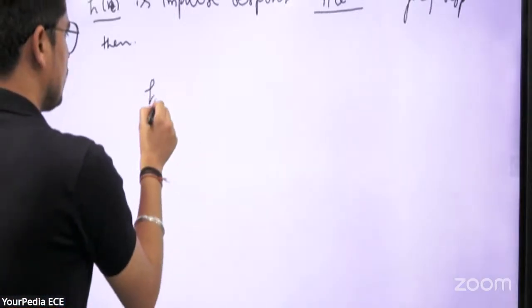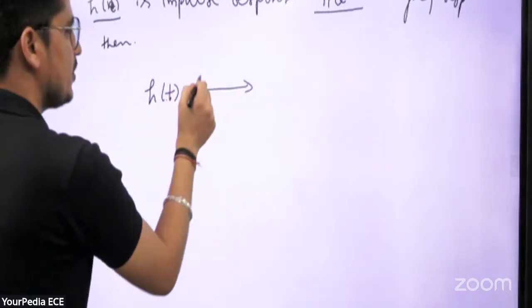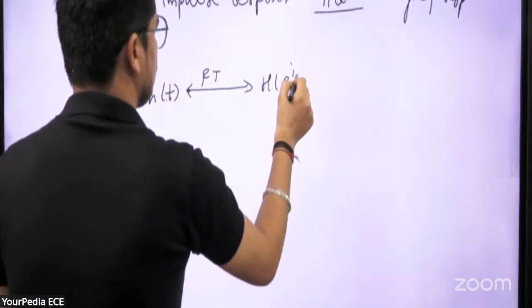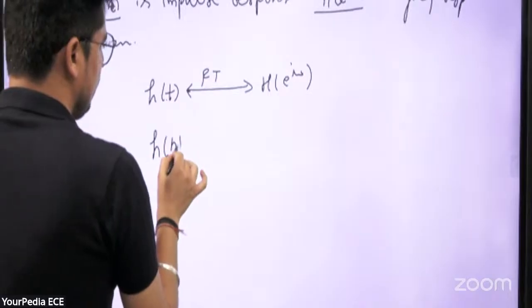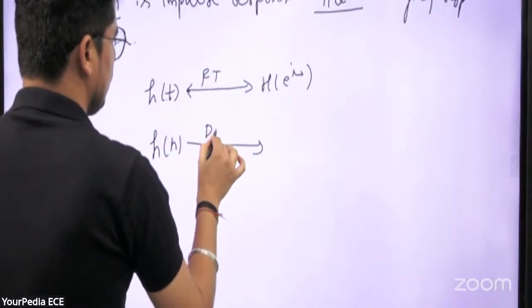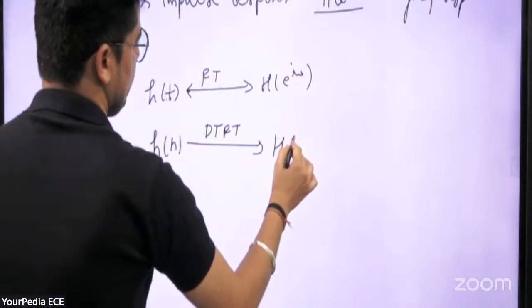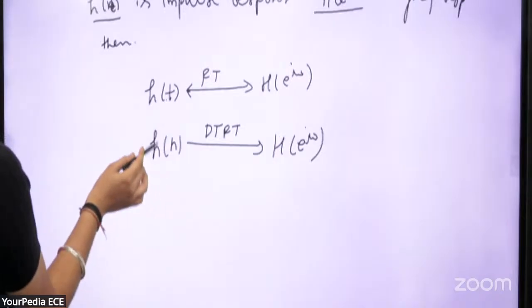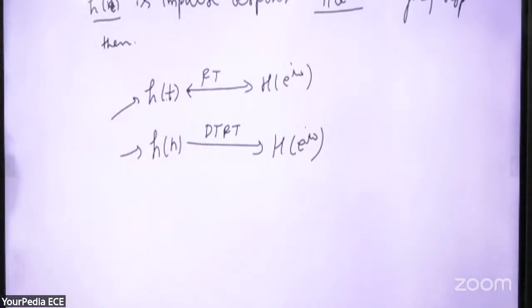If you take the Fourier transform of h of t, then you will get h of e raised to the power j omega. If you have h of n, then if you take the DTFT, discrete time Fourier transform, it becomes h of e raised to the power j omega. So it will depend on whether it is h of t or h of n, right?